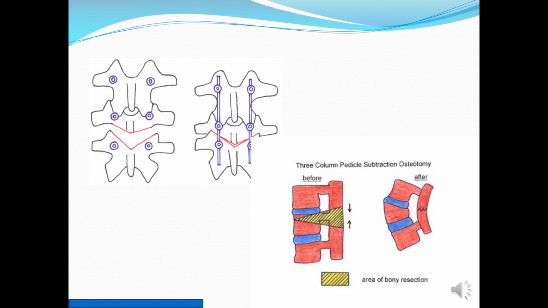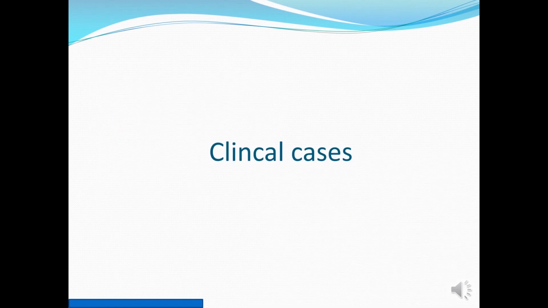So posterior surgery can be used to address lordosis or kyphosis. We will present some clinical cases where the discussed biomechanical principles of deformity and spinal surgery were addressed before, and I hope you will enjoy the outcome.